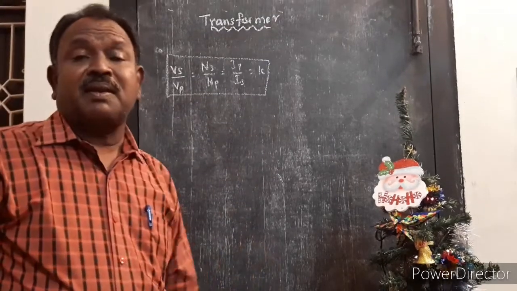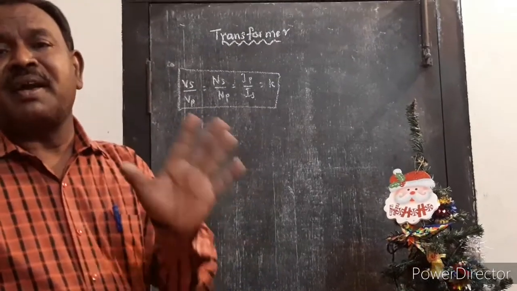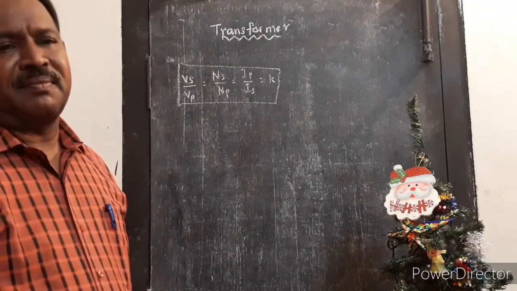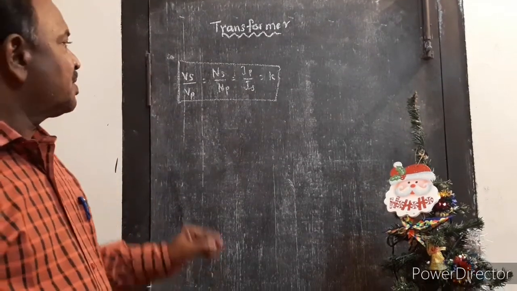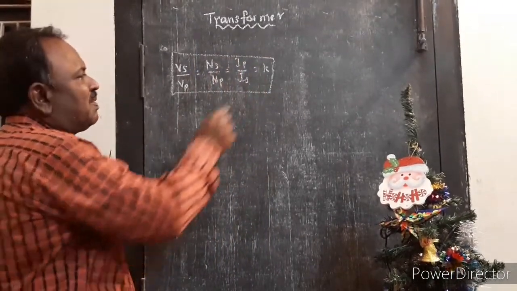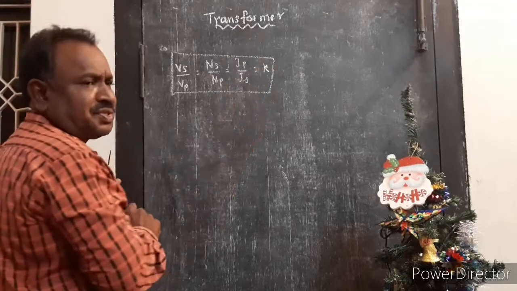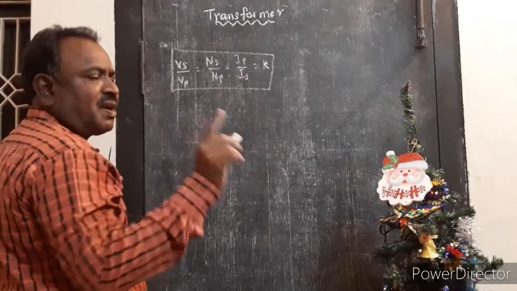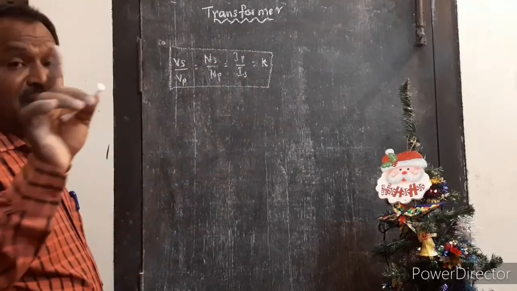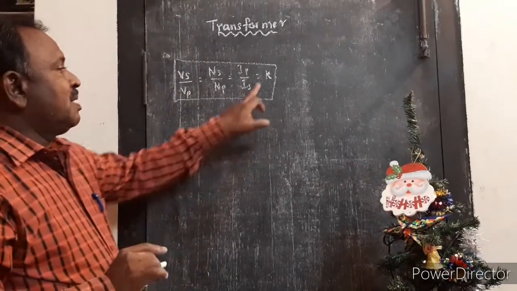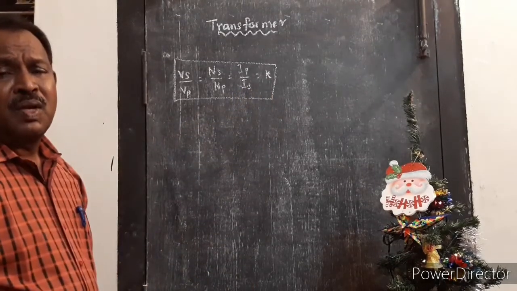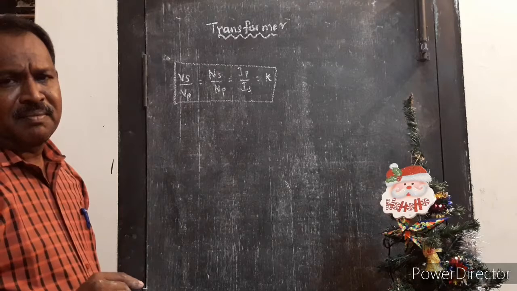But in actual practice, no transformer is ideal. If input power is equal to output power, then the transformer transmission ratio K is equal to 1 for an ideal transformer. But in practice, no transformer is ideal.